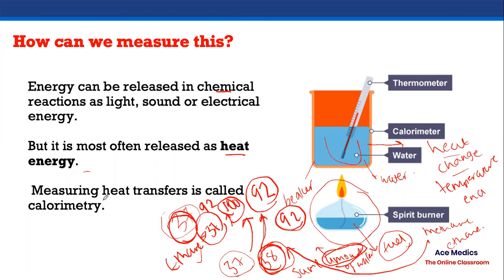So for example, if your friend was doing this experiment and they had the spirit burner really close up to the beaker, and you were trying to keep it a bit away because it's really hot, is this experiment fair?